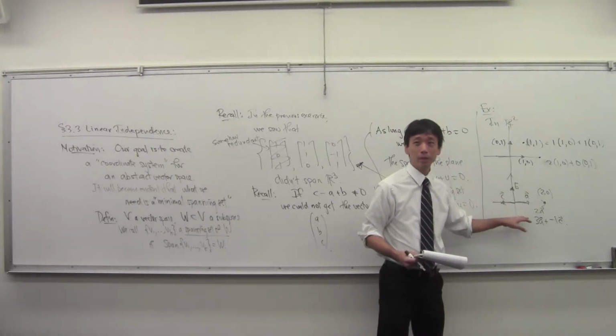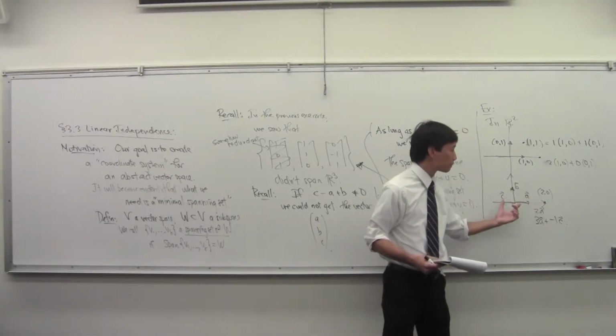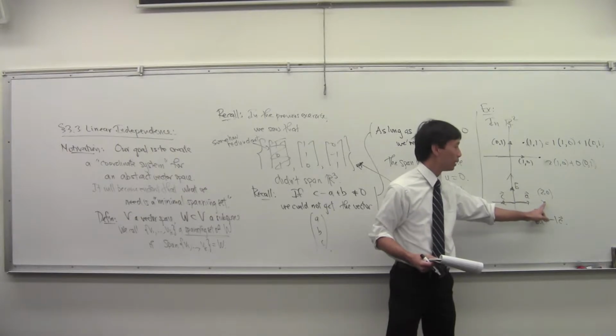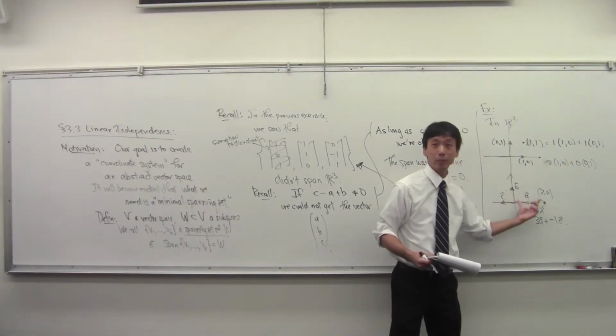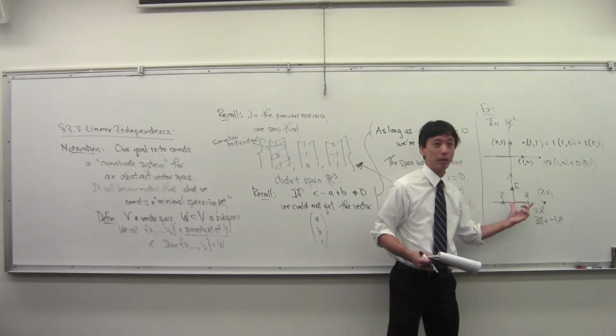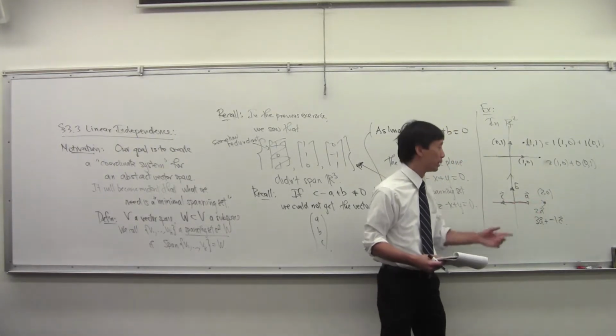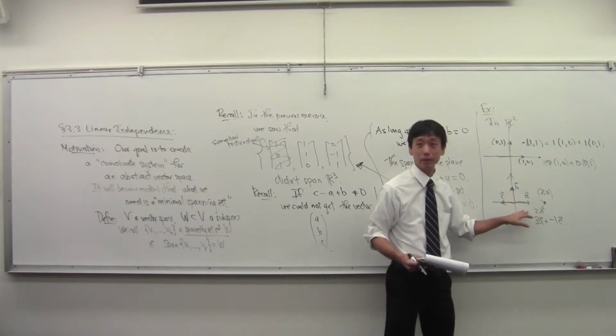And so you see that I've got multiple ways of expressing this guy as a linear combination of the others.